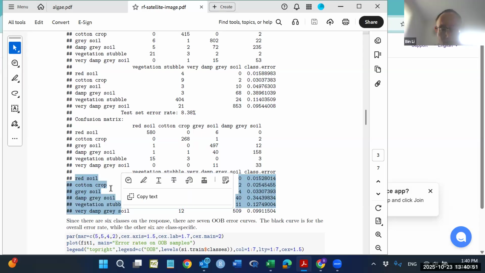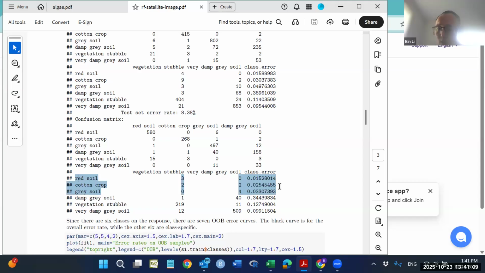And this is the confusion matrix, and this is the class misclassification error for each of the categories. You can see which categories are easy to classify: red soil, cotton crops, and gray soil.